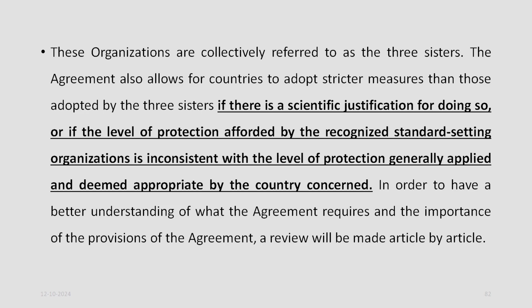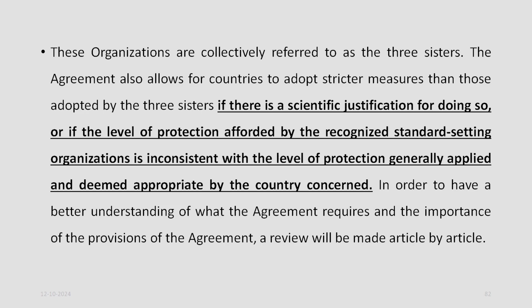Just a while ago, we were discussing that there are three different pillars: one for the protection of human life, noticing how human life will be affected by the import or export of these products; then one for plants and the other for animals.